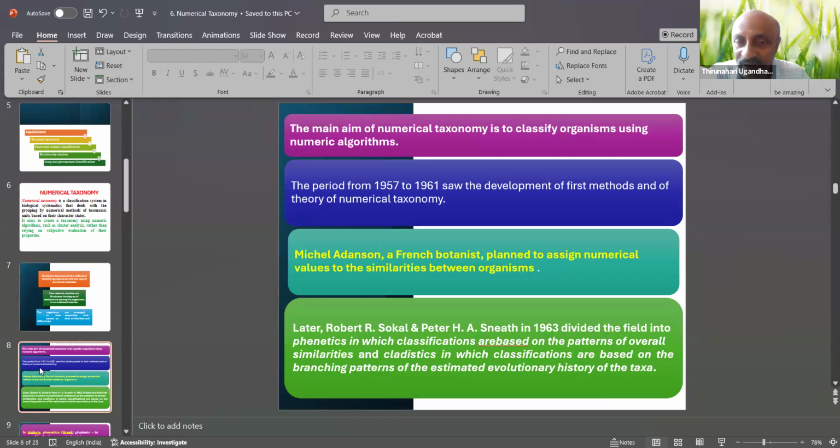The period from 1957 to 1961 saw the development of the first method and theory of numerical taxonomy.